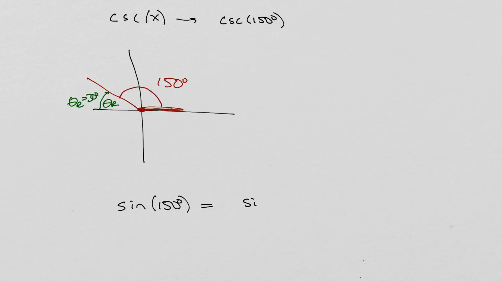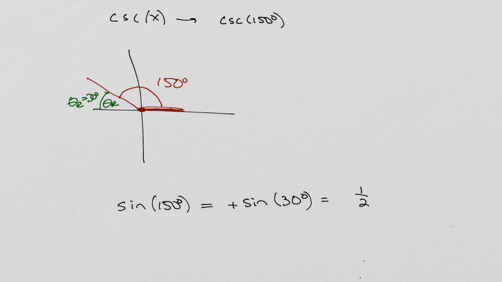Sine of 150 degrees using reference angles is the same thing as sine of 30 degrees with the right plus or minus sign out in front of it. In quadrant 2, my sine value is positive, so this is going to be a positive sine of 30 degrees. Sine of 30 degrees is 1/2, and we don't need a negative sign out in front of it.